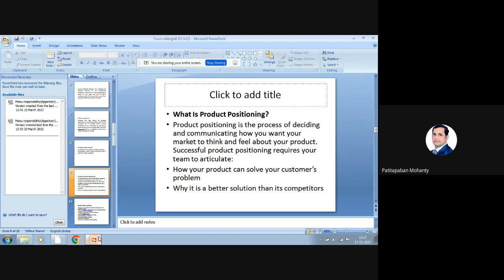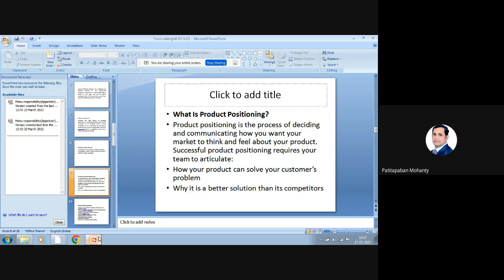For example, in the market there are different toothpastes available, like Closeup, and in the Indian market, Colgate and all. But there is an augmented product: salt is added to the Colgate, and it is selling very rapidly.